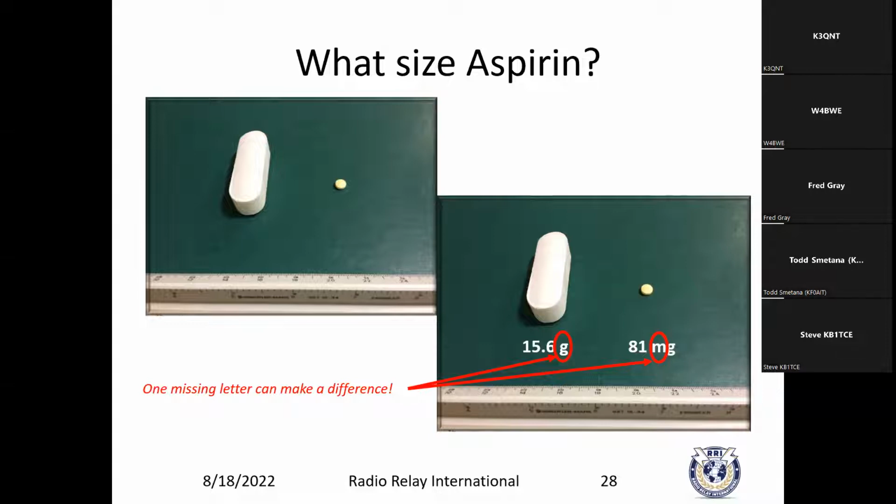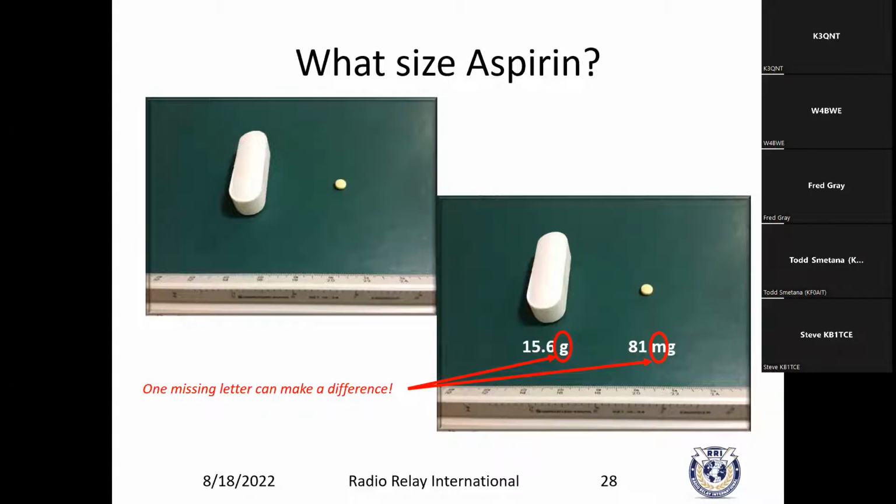Different for men and women, of course. What does the average horse weigh? Well, the average horse probably weighs somewhere in the range of say 1,000 to 1,500 pounds, more for draft horses, less for Arabs and small ponies and things of that nature. But, obviously, the missing letter makes a big difference, right? In what happens at the other end. Am I asking for an 81 milligram aspirin, or am I asking for a 15.6 gram aspirin, right?